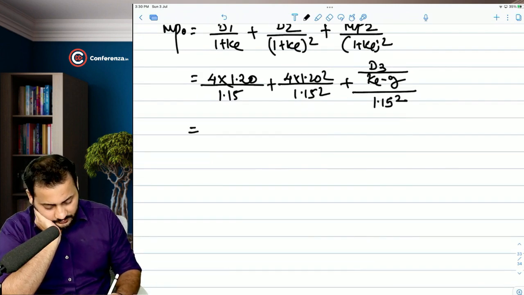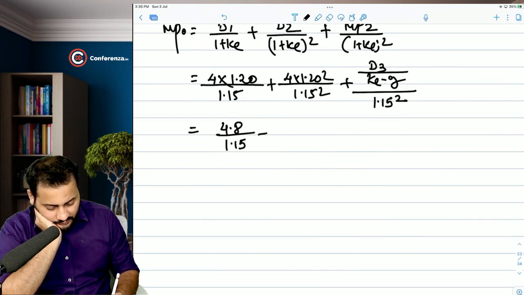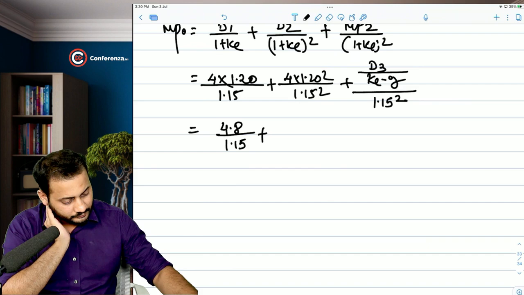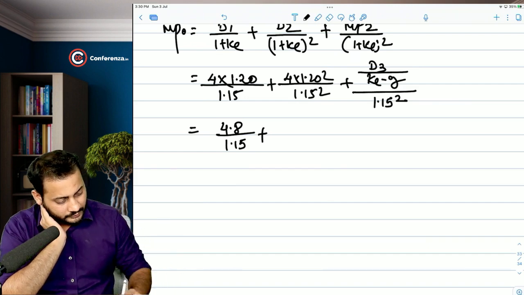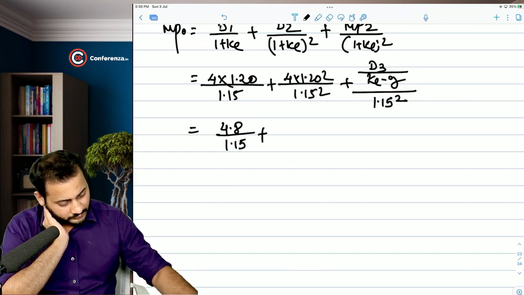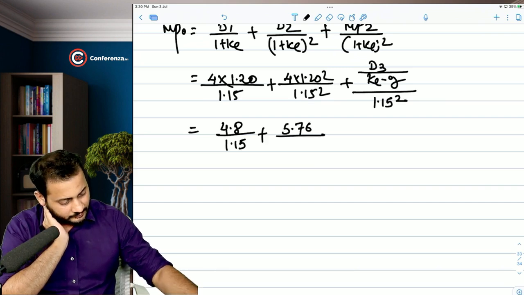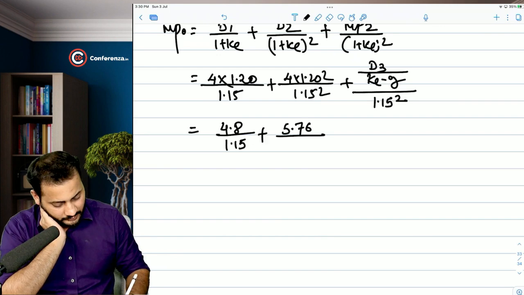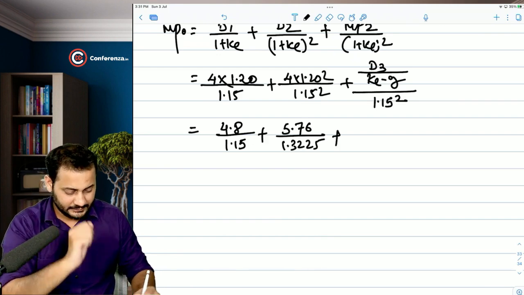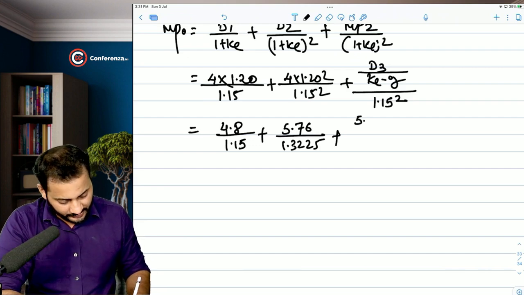Let's write it down. 4.8 divided by 1.15 plus 5.76 over 1.3225 plus D3, 5.76 into 1.10, am I right?